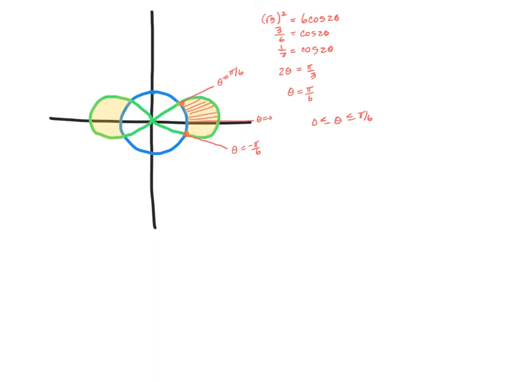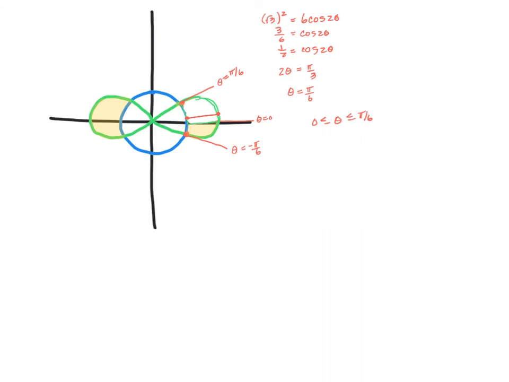But what are my r values? Okay, let's go back to our diagram. If I pick any r value in this region, I'm going to start here at an r value of square root of 3, and I'm going to end up on the outside of this curve.